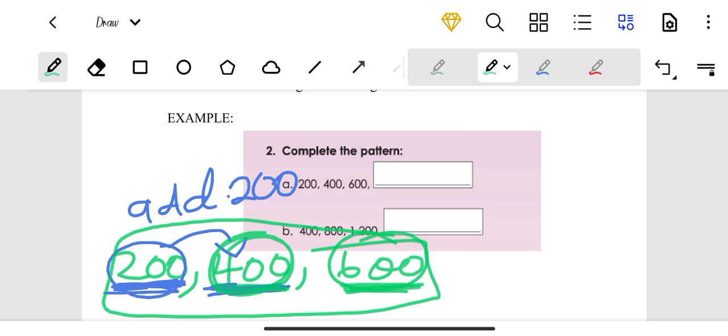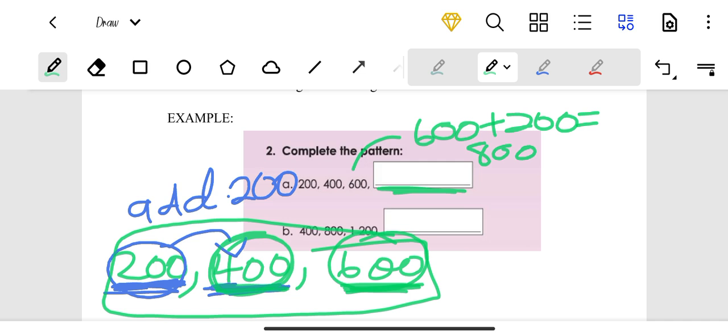So now they want you to write the fourth number. It means that you're going to say 600 plus 200, which finally gives you an 800. So here the answer is going to be 800. And you are done. I hope this is making sense.